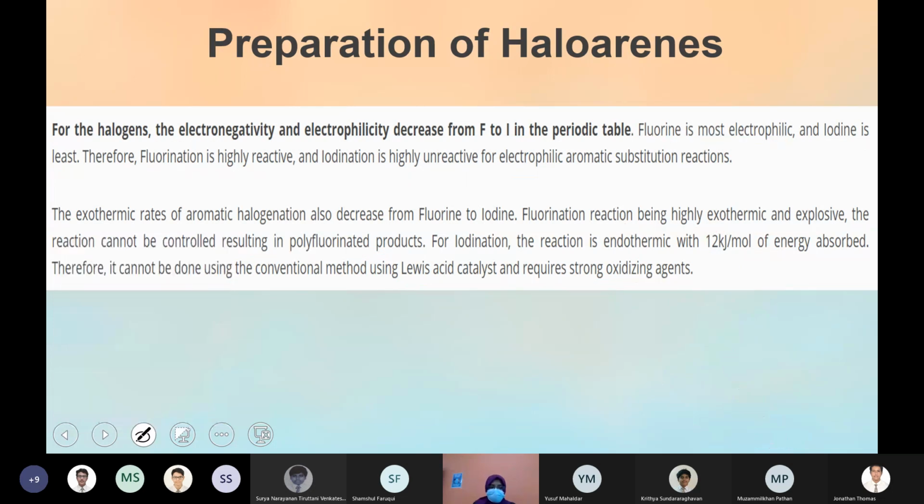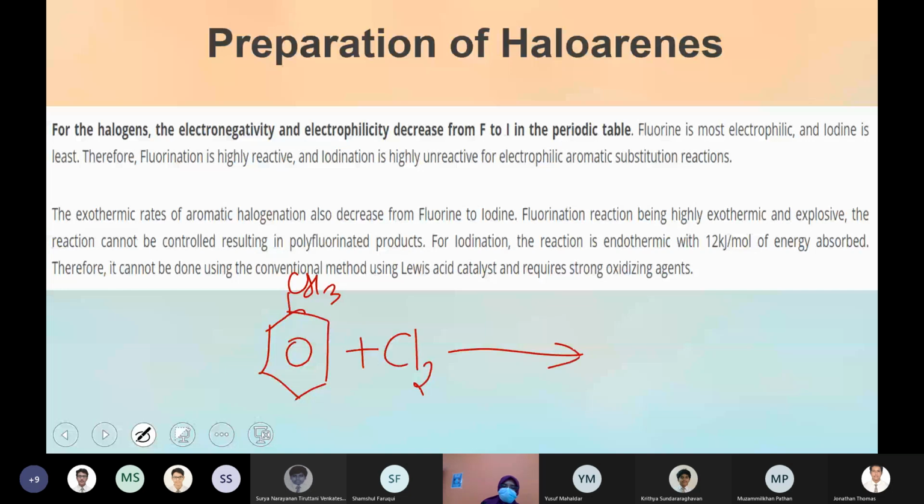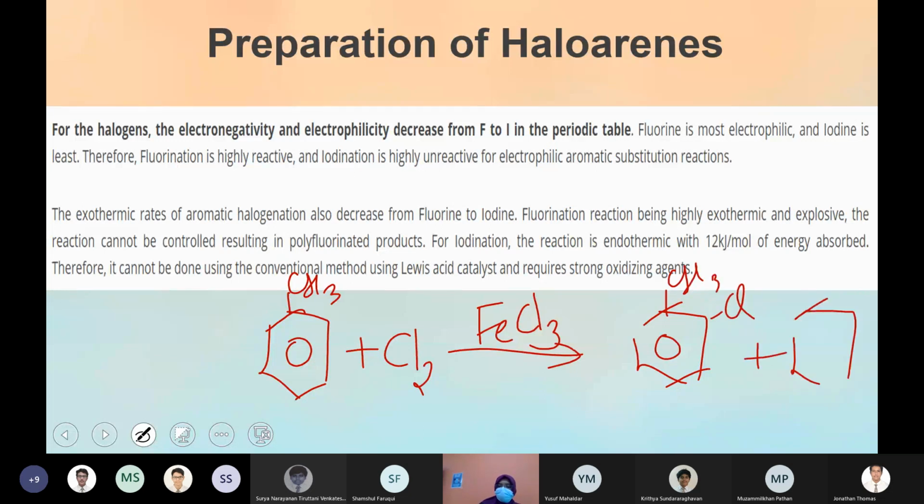So electrophilic substitution is basically for chlorination and bromination. You can do chlorination. Like we took an example, chlorine in presence of FeCl3, and you get two products, the ortho product and the para product.